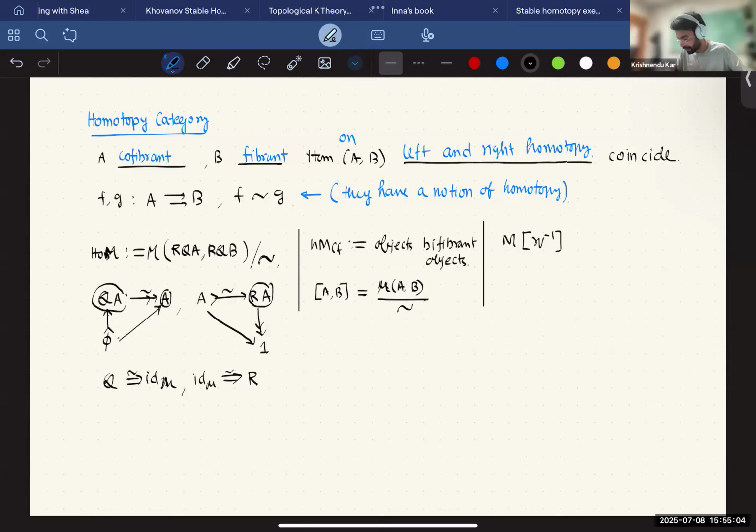Saying this is the same as saying, by the theorem that I just mentioned, that we can look at them up to weak equivalences as well.